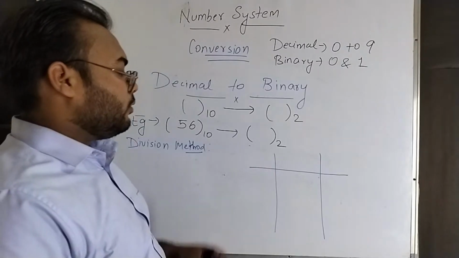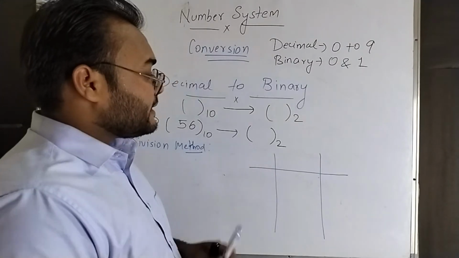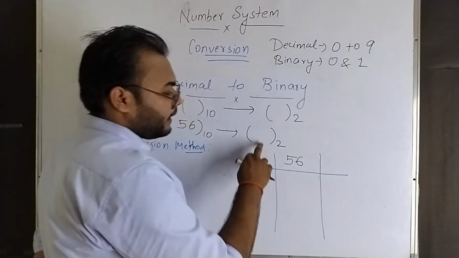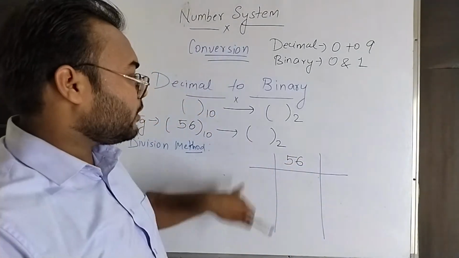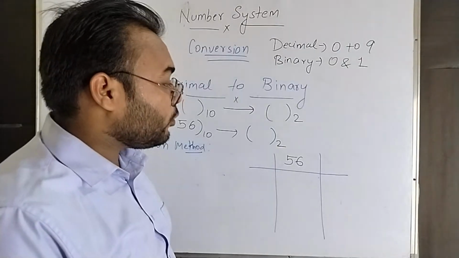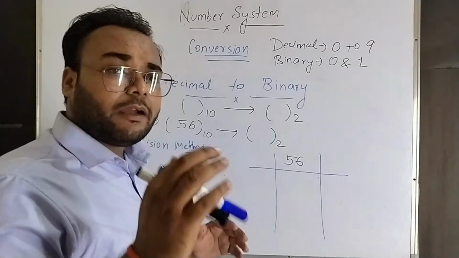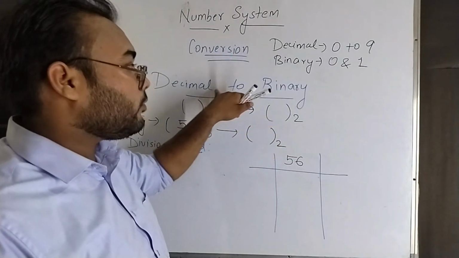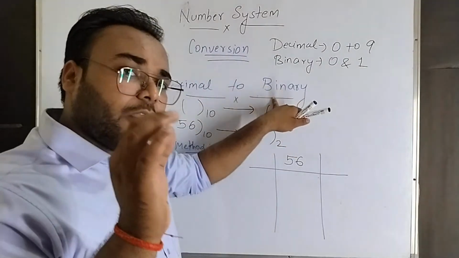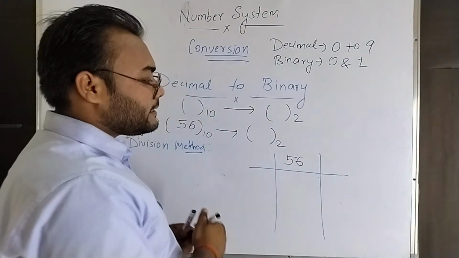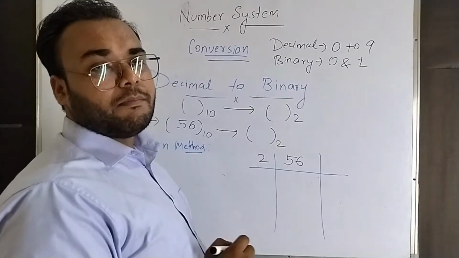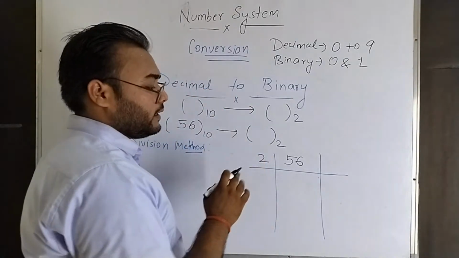Now, the basic concept is that we have to convert this 56 into binary, that is, into 0 and 1. Remember, whenever we convert from decimal to binary, we will always divide the number by 2, only 2.